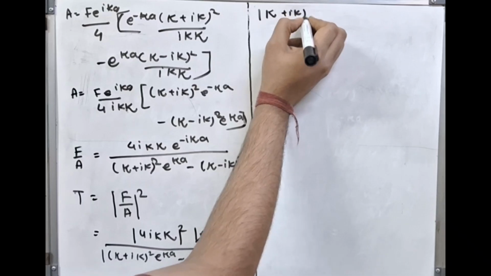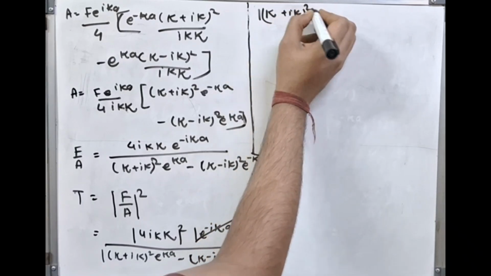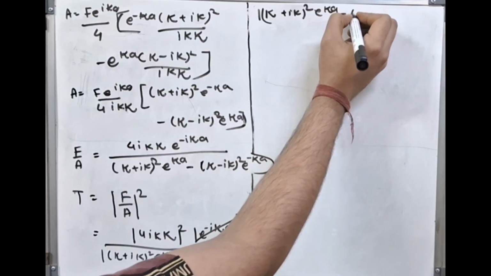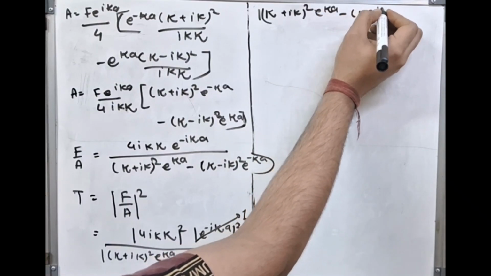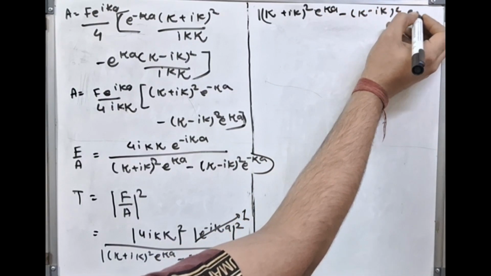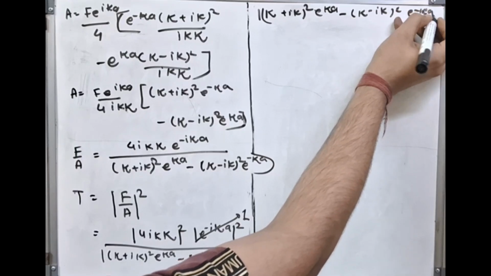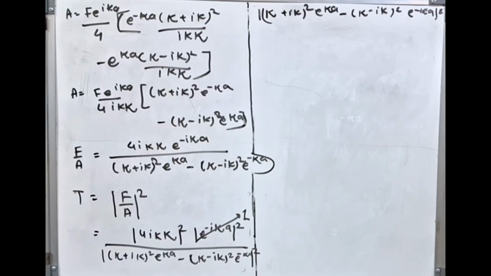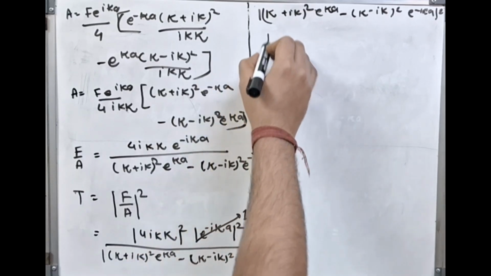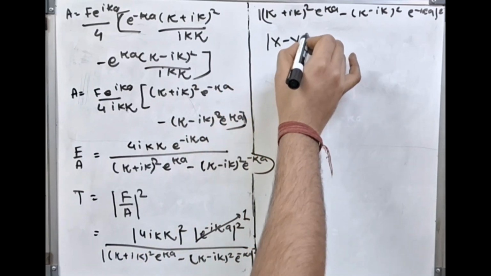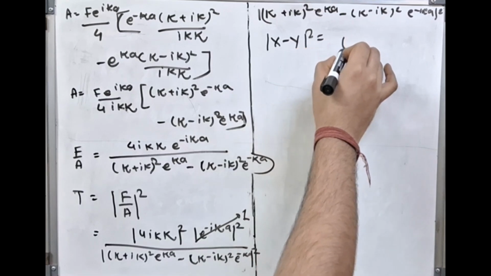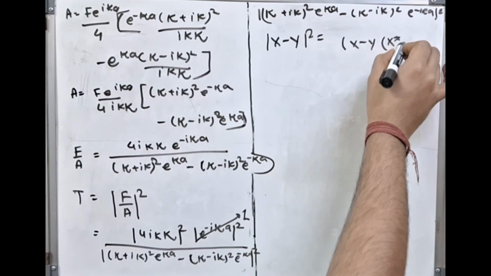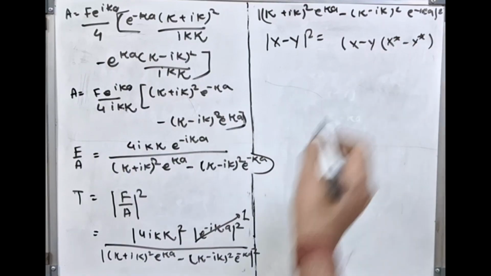kappa plus i k the whole square e raised to kappa a minus kappa minus i k the whole square e raised to minus kappa a the whole square. So this looks like an equation which we can use, that x minus y the whole square is x minus y and x complement minus y complement.